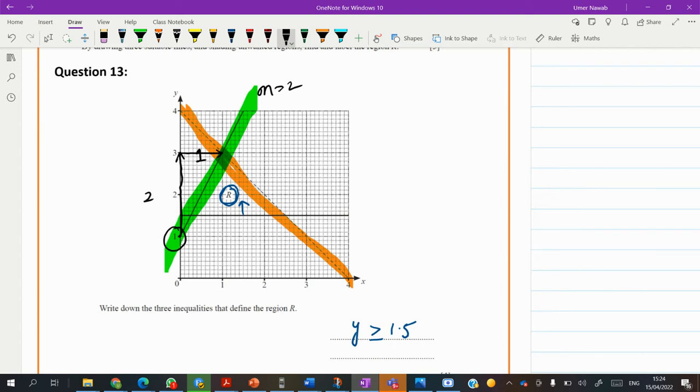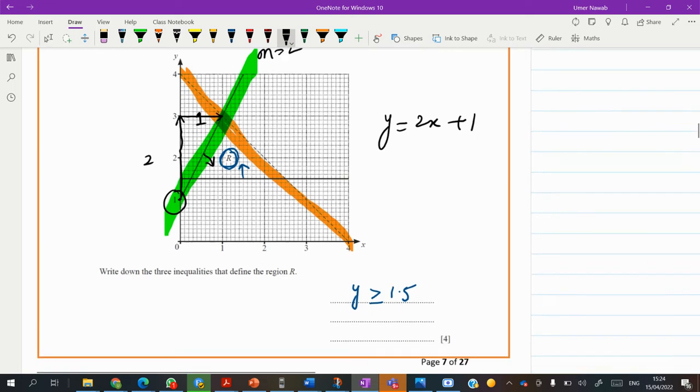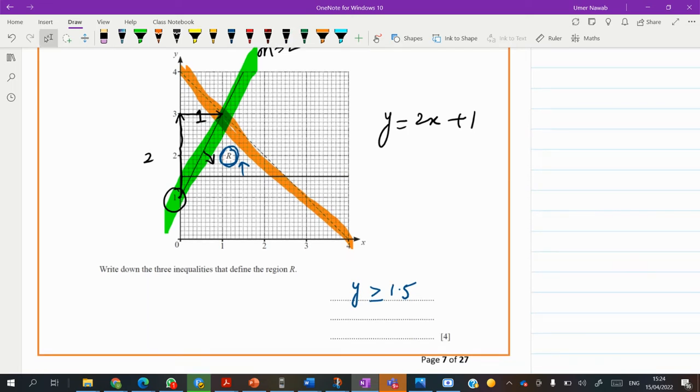And what is the y-intercept? The y-intercept is 1. So the equation of the line is y equals 2x plus 1. Now the wanted portion, the R region, is below the green line, so less than or equal to. Is it a solid line? The answer is yes, it is a solid line. So we write y less than or equal to 2x plus 1. The green line is also done.